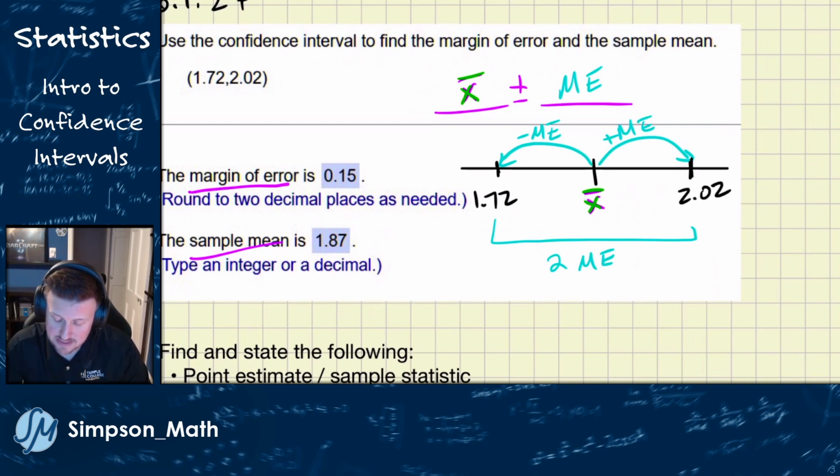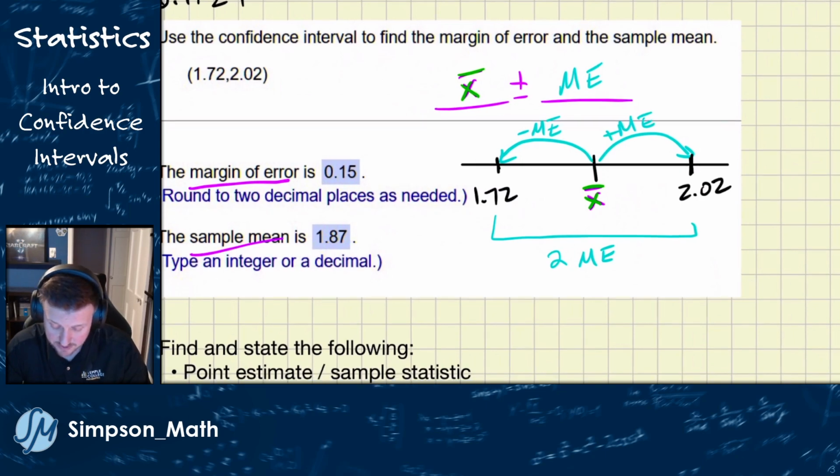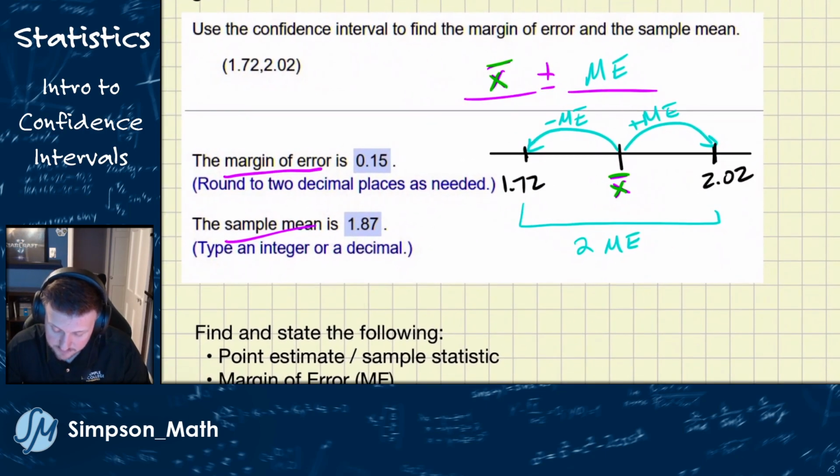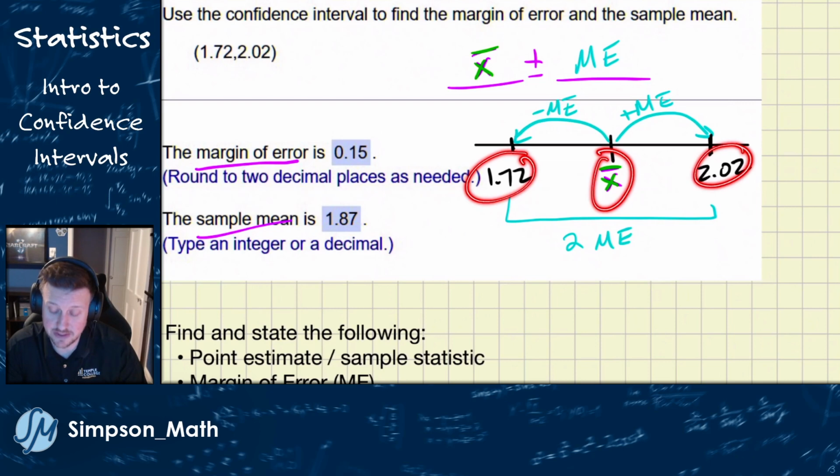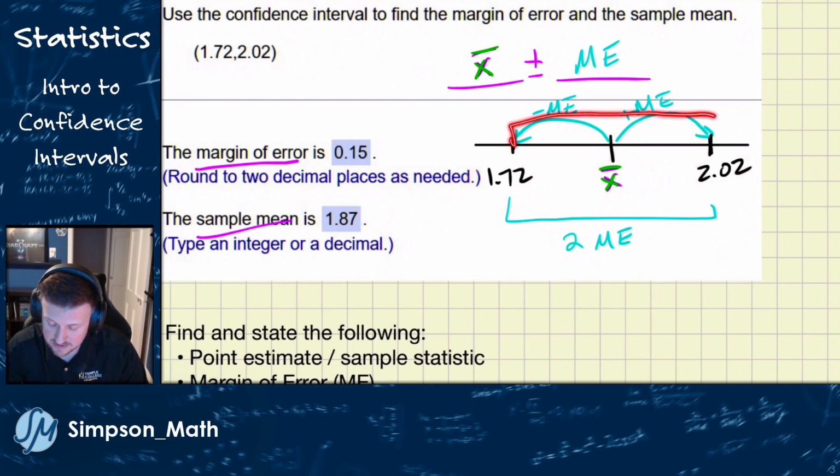The entire interval is 2 margins of error wide. There are two ways we can go about this. We can average these two numbers to get the number in the middle, or we could find the distance from here to here and cut it in half.